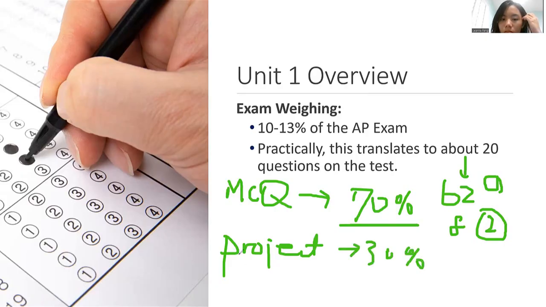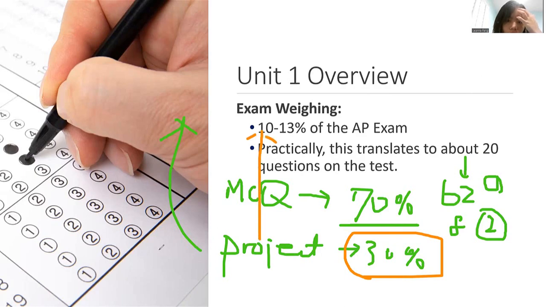In the past, you just submitted the project and it was done, and readers would read the project for you. But now they changed the format. The 30% will not be graded by readers. You still need to submit the project, but on exam day you get 1 more hour to write down your answer.